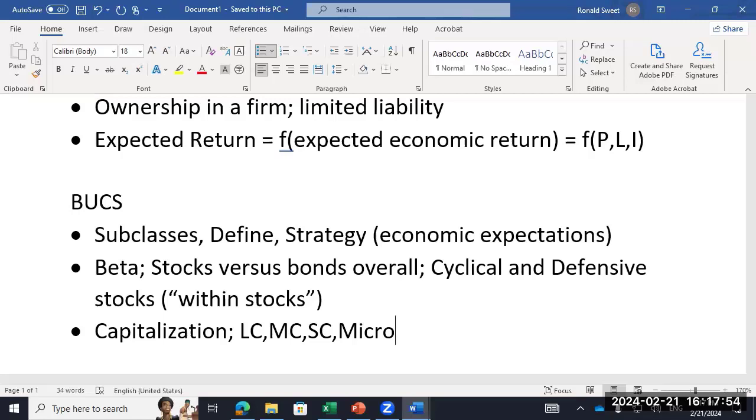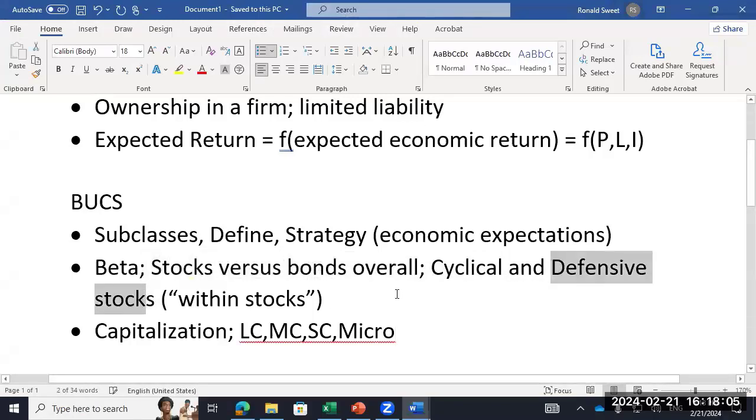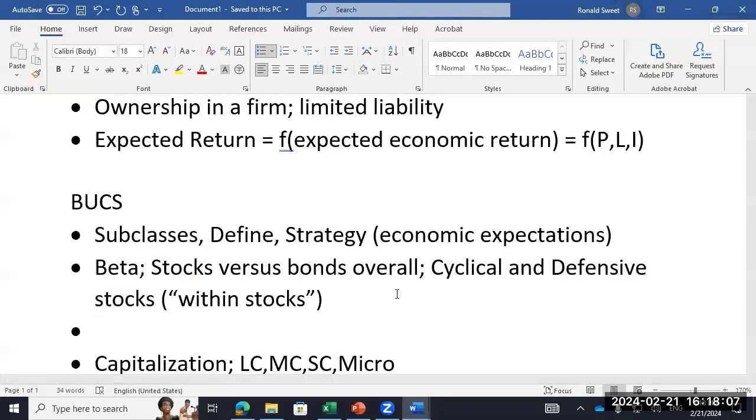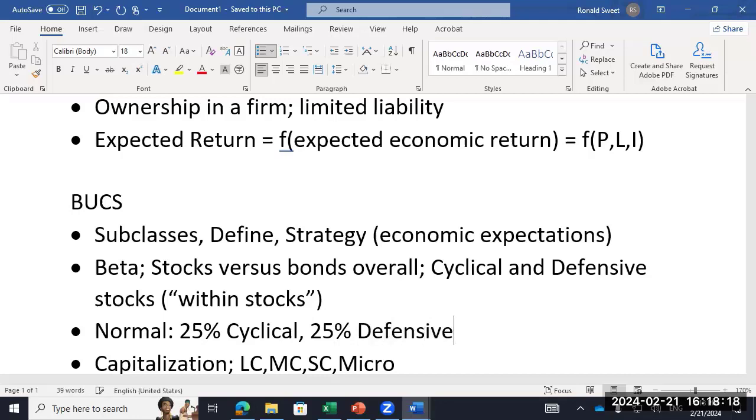Explain a little bit more about what you mean by within stocks. So if your boss says we're expecting a recession, you don't say we want to overweight defensive stocks. A good example might be your normal is 25% cyclical, 25% defensive, so you're 50% stocks.